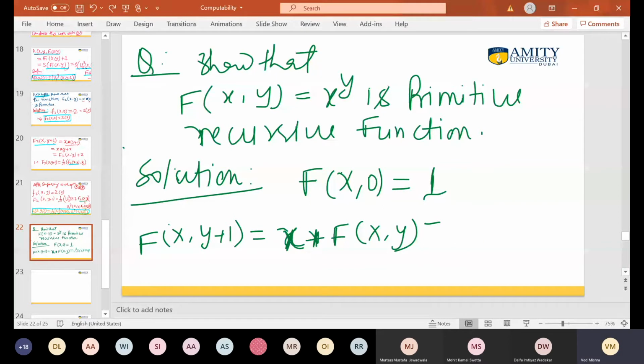If you want to write in the form of initial function, x can be represented like this, U13(x,y,f(x,y)). What will be the value of this? Can anyone tell me? x.